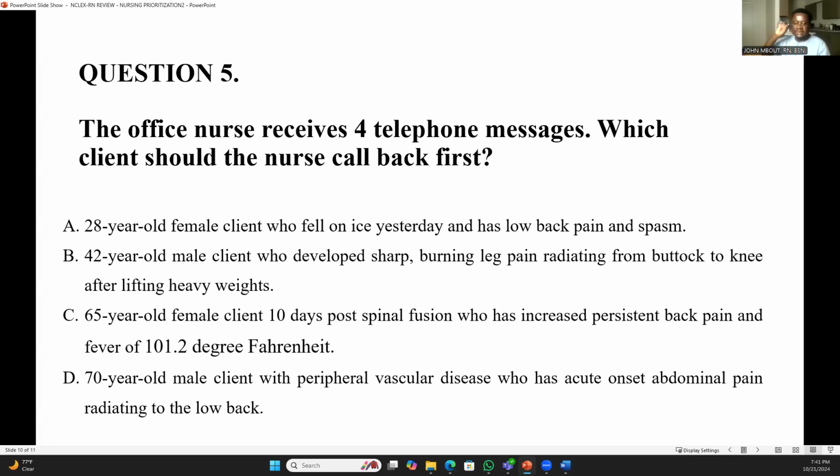This client is indicating abdominal aortic aneurysm. This client has peripheral vascular disease. It's a sign of abdominal aortic aneurysm, which is very, very devastating, and this could be a rupture.